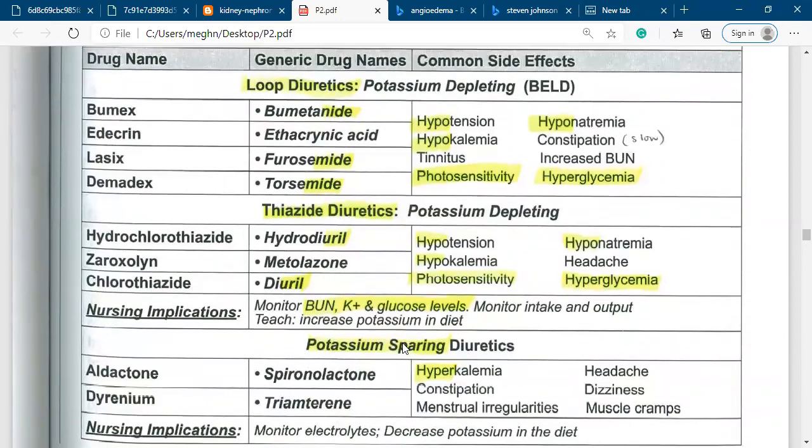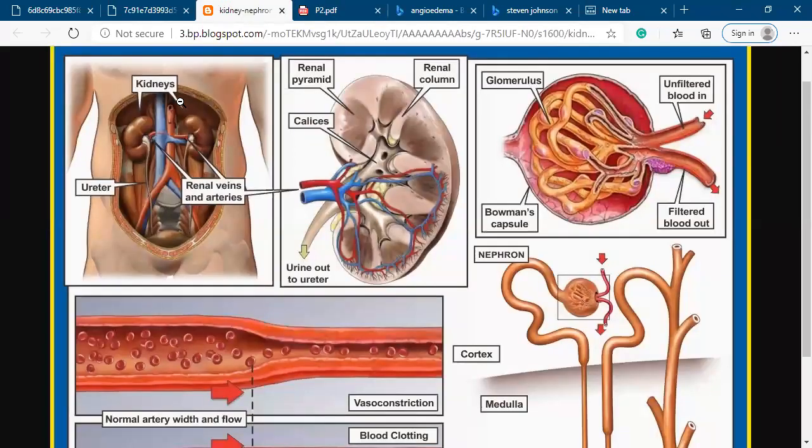As I told you, the type of diuretic depends on where they work. As an example, I want to share with you, this is the kidney, right?